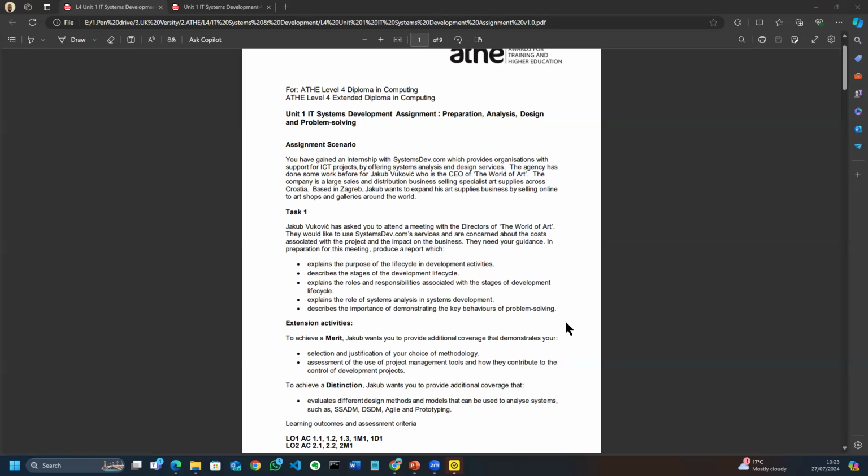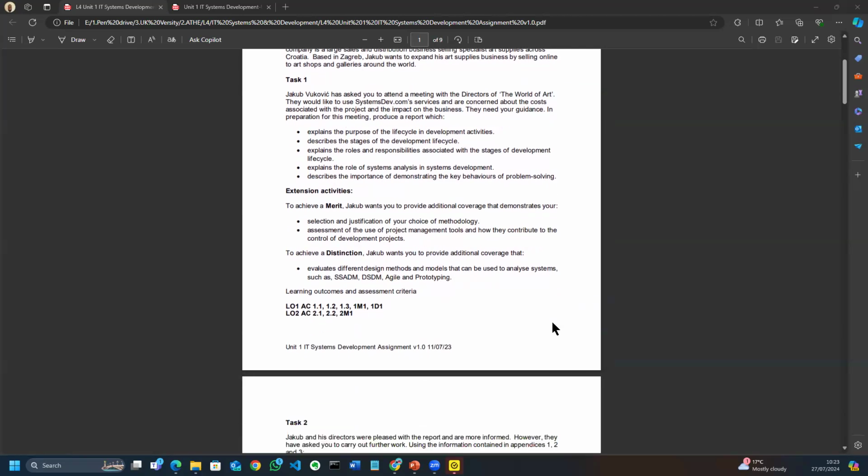So we've been given 2 tasks. In task number 1, Jacob has asked you to attend a meeting with the directors of World of Art. They would like to use systemdev.com services, and they are concerned about the cost associated with the project and the impact on the business. They need your guidance in preparation for this meeting.